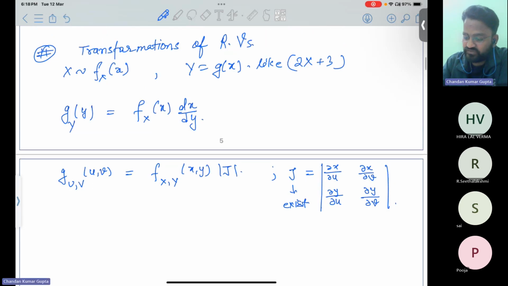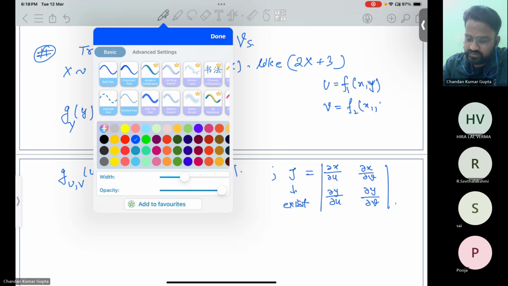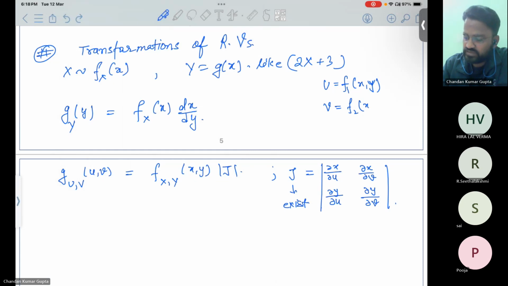That means we have u equal to f1 of x, y and v equal to f2 of x, y in such a way that these two are invertible functions, so we can write x and y as functions of u and v.